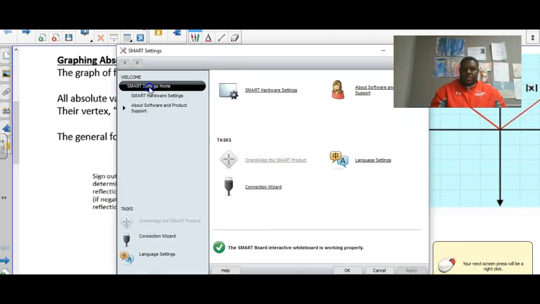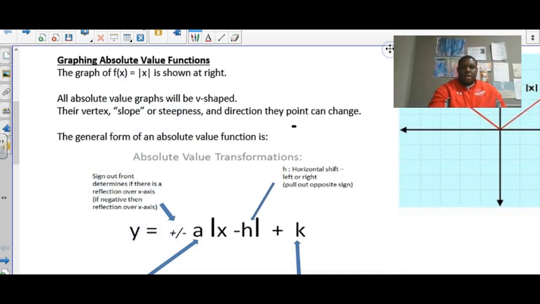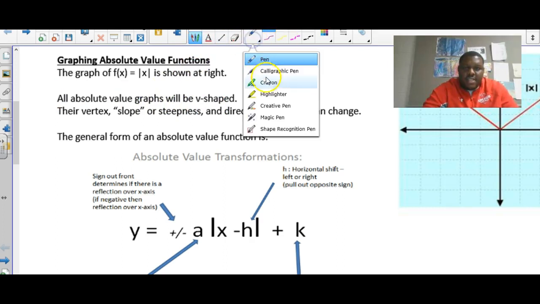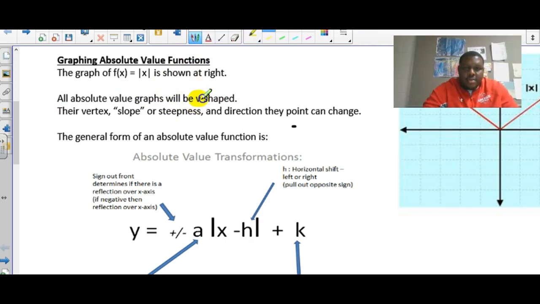All absolute value graphs are V-shaped. Don't forget that. Every last one of them is a V-shape. So when you see a graph that has a V-shape, it is an absolute value. The vertex, the slope or steepness, and the direction they point in.